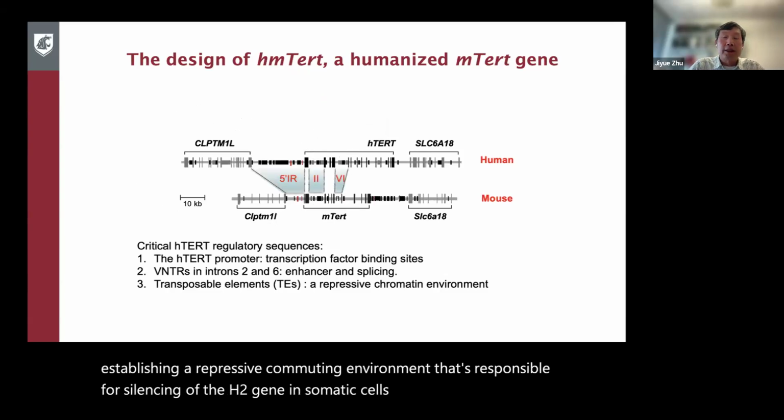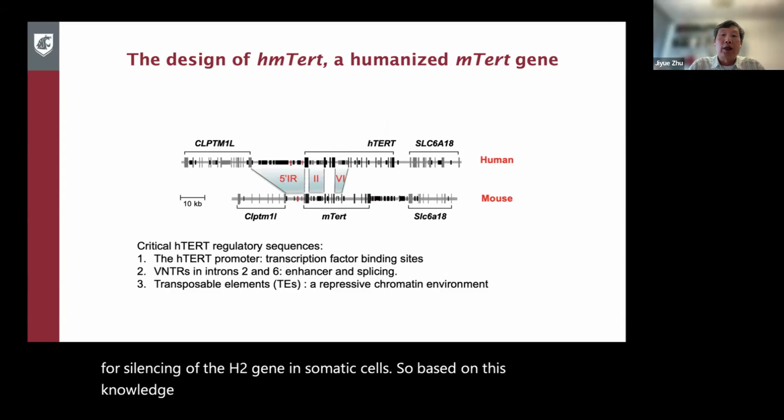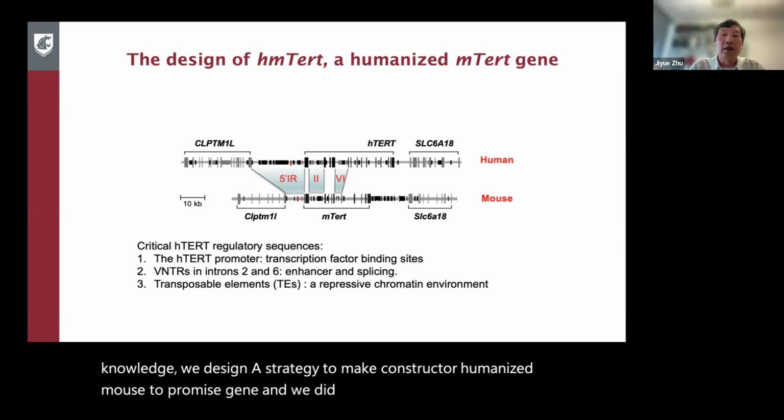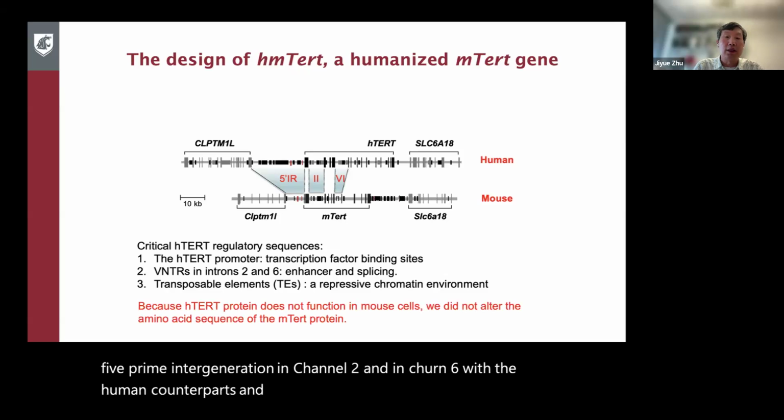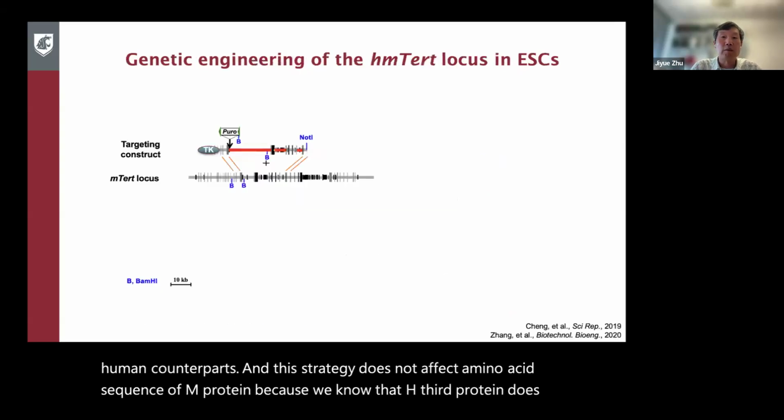Based on this knowledge, we designed a strategy to construct a humanized mouse telomerase gene. We did so by replacing the 5' intergenic region, intron 2 and intron 6 with the human counterparts. This strategy does not affect the amino acid sequence of the mTERT protein, because we know that the hTERT protein does not function in mice.